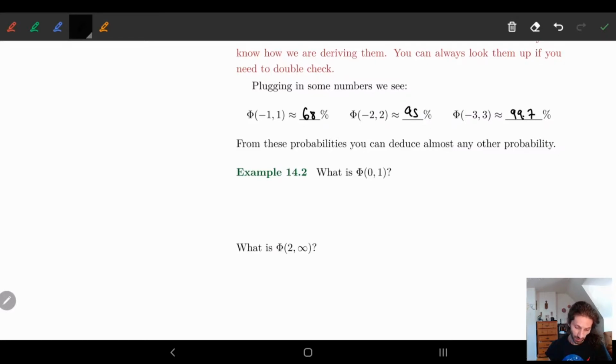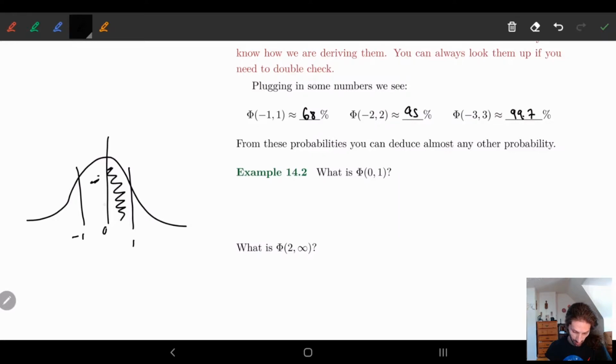So if I look at my curve, right, so if this is my 0 and I have my 1 here, what we're going to do is remember that everything on one side is equal to everything on another side. So this part here is going to be 1/2 of this part here.